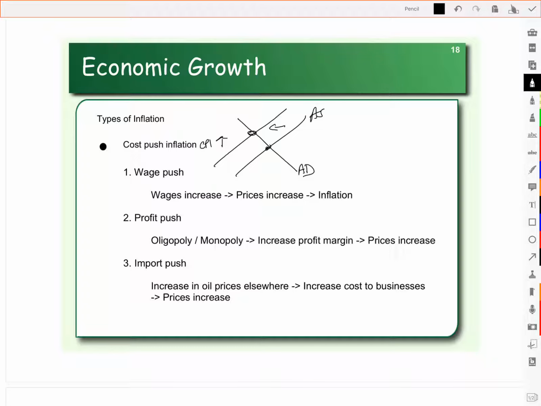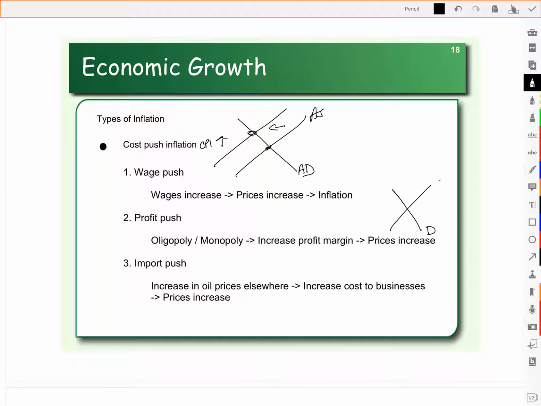The second cost push inflation is profit push. So let's say that we have companies that are oligopolies. That is, there's only a handful of competitors. Or we have industries where we have a monopoly. There's only one company that makes that good or service. In which case, they have more market power over price. And if they decide they want to increase their profit margin, they can do so.